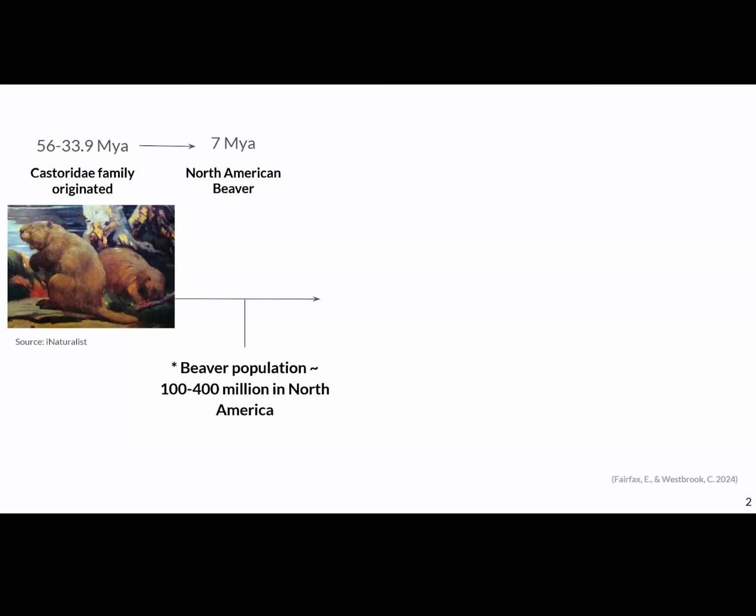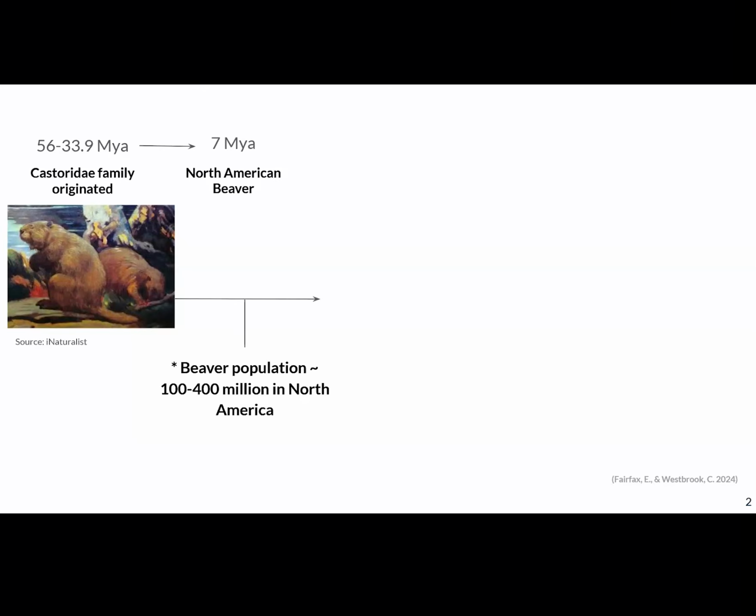And now we have our aquatic friends, the North American beaver, Castor canadensis is its Latin name. We first see fossils of this particular morphology around 7 million years ago. And there's also another beaver that looks identical and acts similar in Europe, the European beaver, Castor fiber.